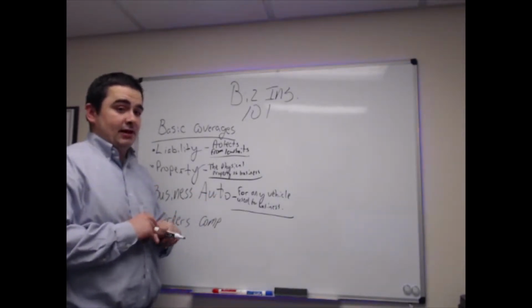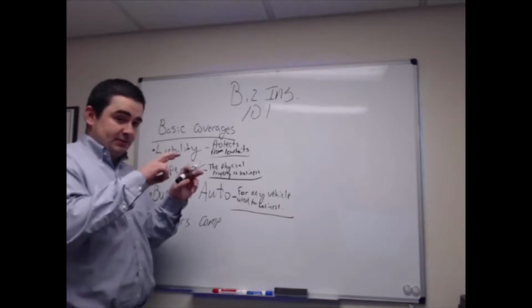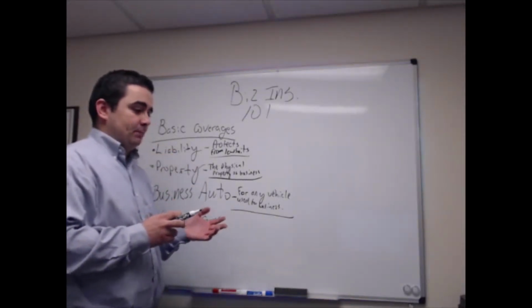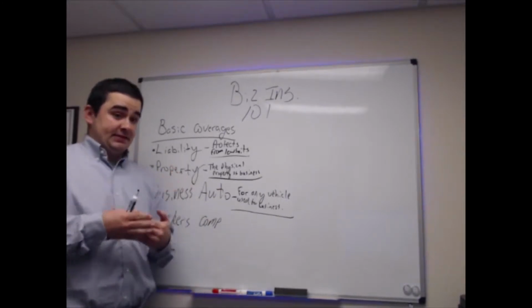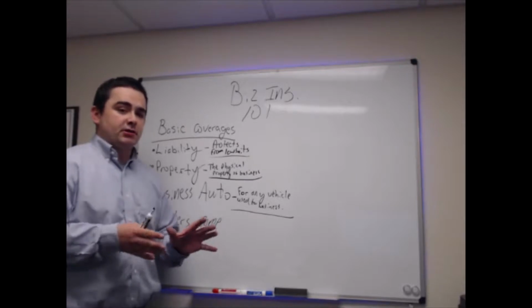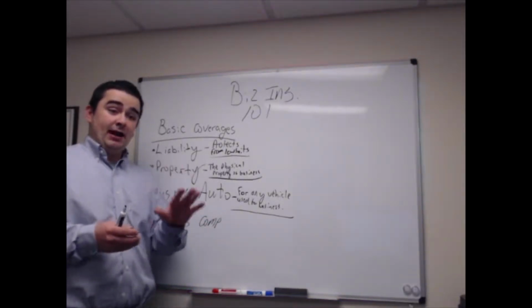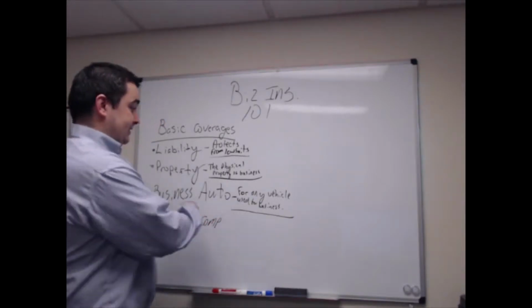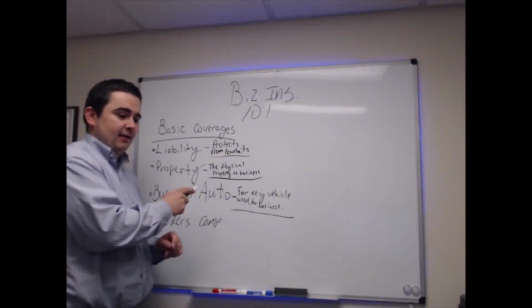They can deny the claim because they didn't know there was business use. Usually a business auto policy is more expensive, but it protects your business. That's the biggest thing. It doesn't matter how much it costs, really. You're protecting your livelihood, what you do to support your family, what puts food on the table. This stuff here is to protect that.